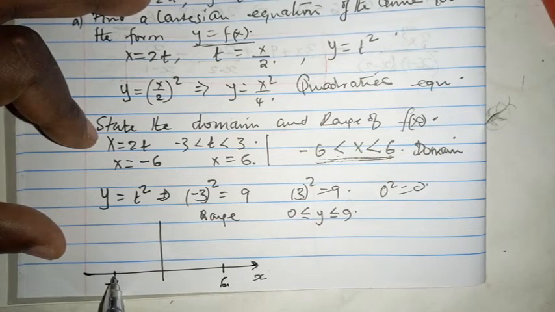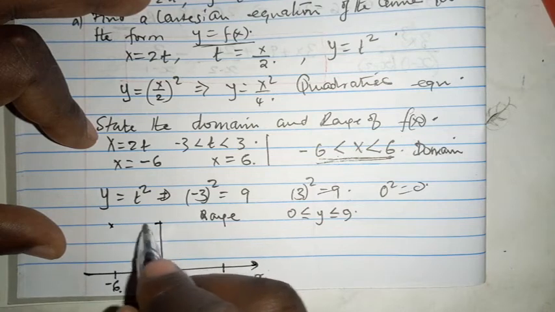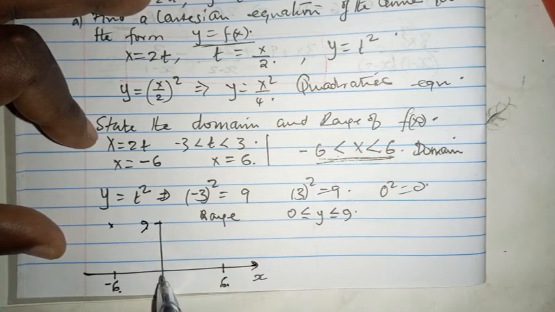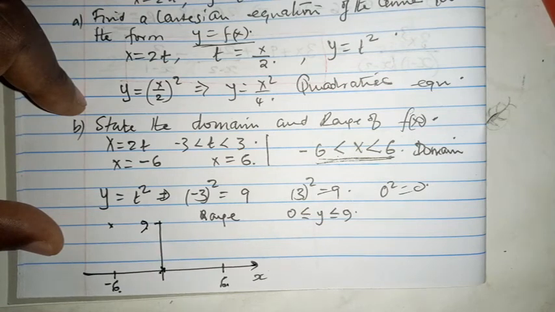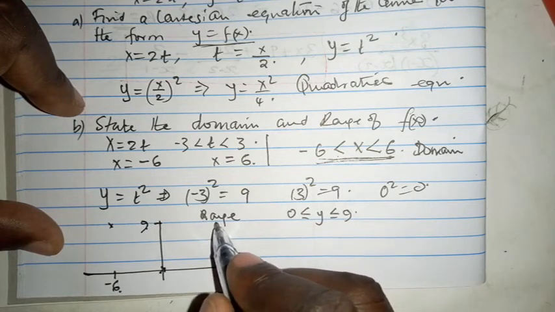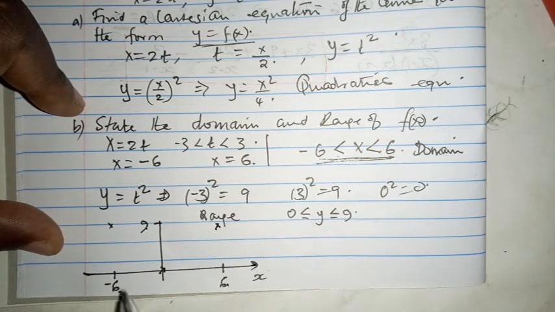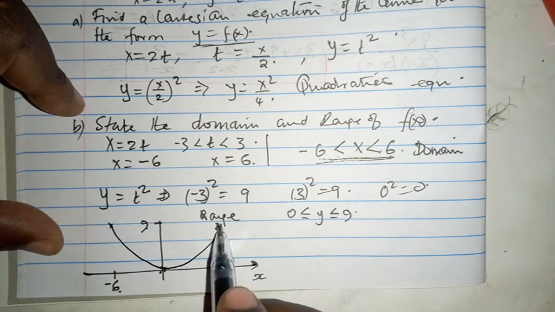And when t is -3, y is 9. When t is 0, x is also 0, and y is 0. When t is 3, x is 6, and of course y is 9. So we are having this kind of range.